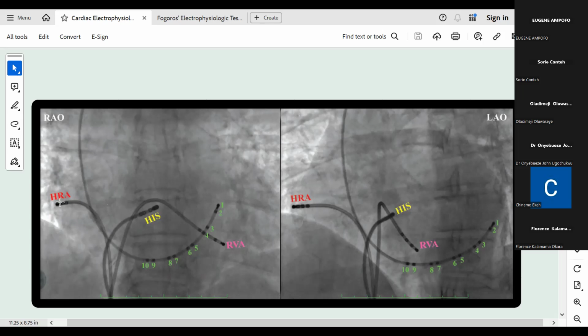If I put this HRA catheter only here, I can't monitor what is happening down here close to the septum. I can only monitor what is happening close to the SA node, because it is just one point. But if I put this east catheter circled inside this atrium like this, I can tell where it is starting from and where it is going to. So you only use numbering when you are using a catheter that has multiple poles like this.